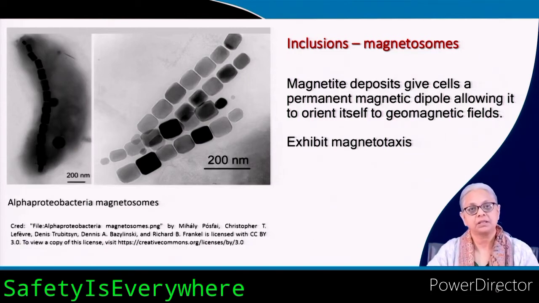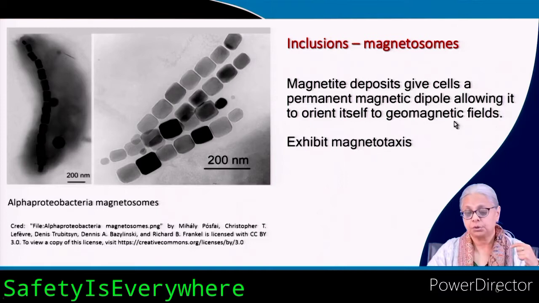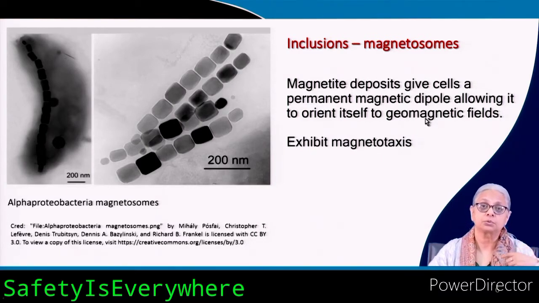Entire colonies of bacteria orient themselves to the geomagnetic field, and this is considered an example of magnetotaxis. So these bacterial colonies will move in particular directions in response to the geomagnetic fields. Fossil evidence of these kinds of bacteria has been found.